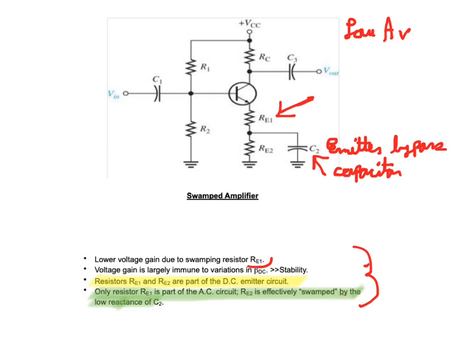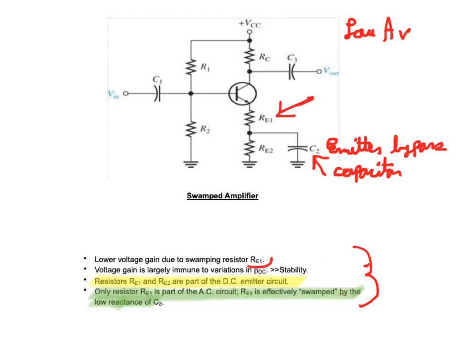On the trade-off for that, of course, the voltage gain will be more stable across different transistors, and that may be an advantage. So both resistors RE1 and RE2 are part of the DC emitter circuit.